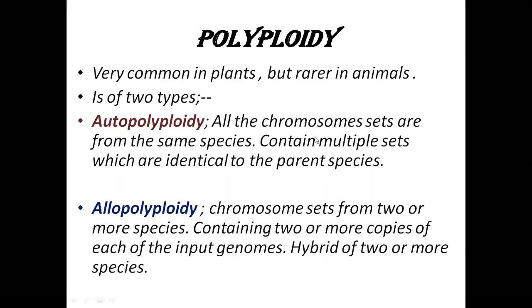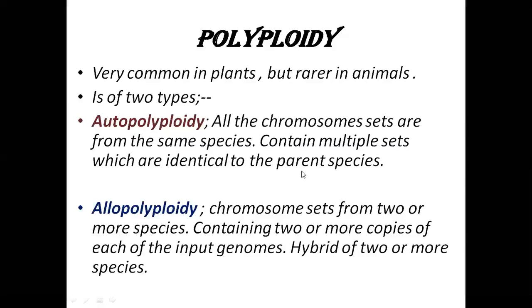Autopolyploidy is where all the chromosome sets are from the same species, and they contain multiple sets which are identical to the parent species.